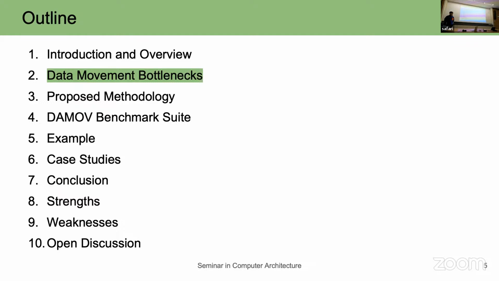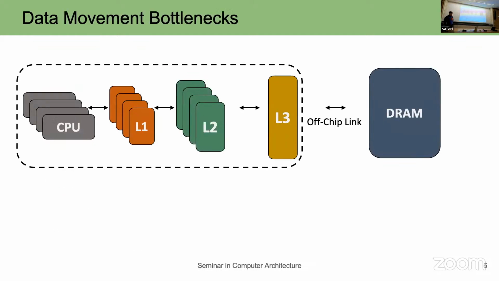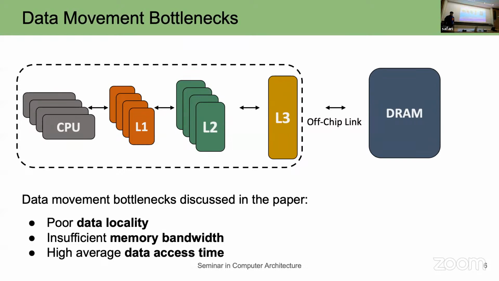So let's talk about data movement bottlenecks. If you look at this very schematic visualization of a modern computer, you can see that everywhere there are black arrows, data movement is happening. The data movement bottlenecks discussed in the paper are due to poor data locality, insufficient memory bandwidth, and high average data access times.